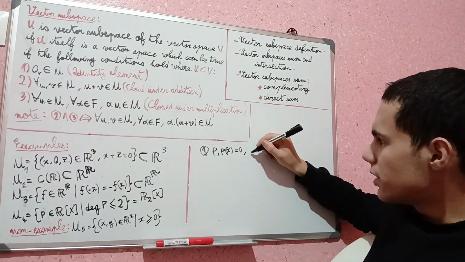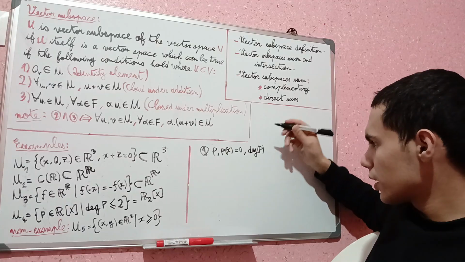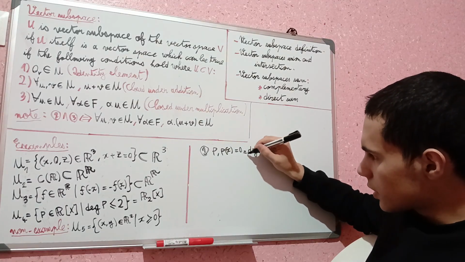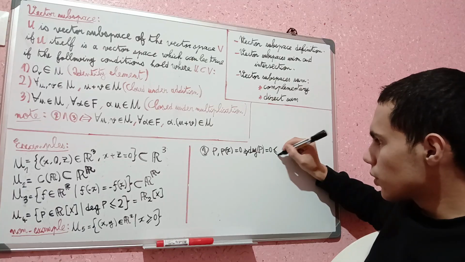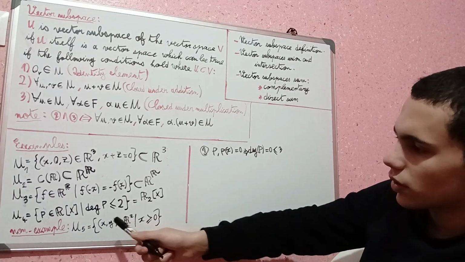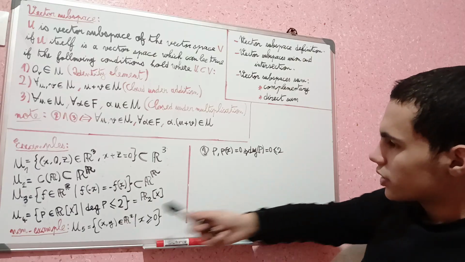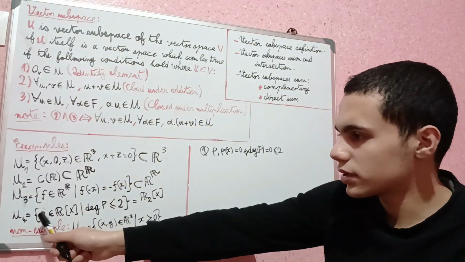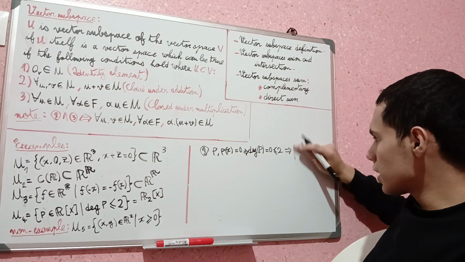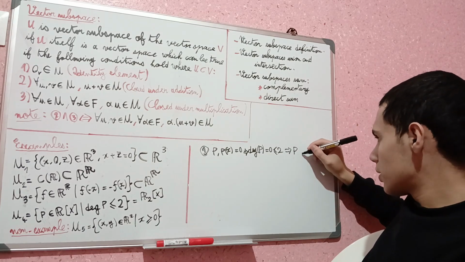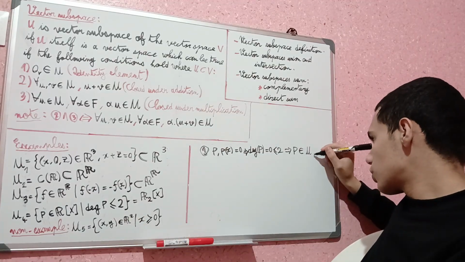Now we see that the degree of P equals 0, which is less than or equal to 2. So it verifies the condition of this set. Therefore, the identity element P belongs to U4.